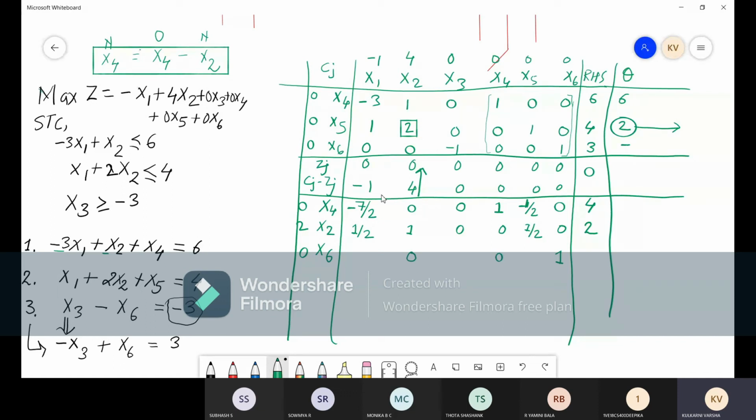So let us check by taking this row, the old X6, this row. Okay, so here we want 0, here we have 0, here we have 1. Here we have 0, here we have 1, we want 0 over here.